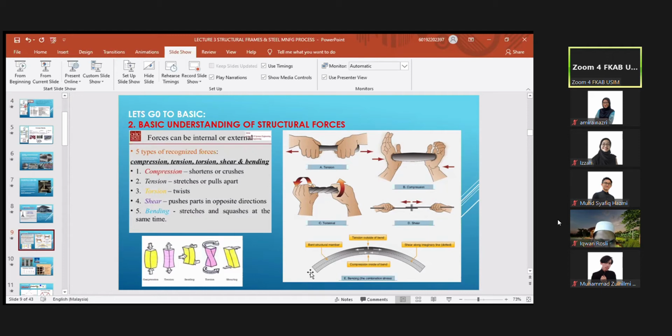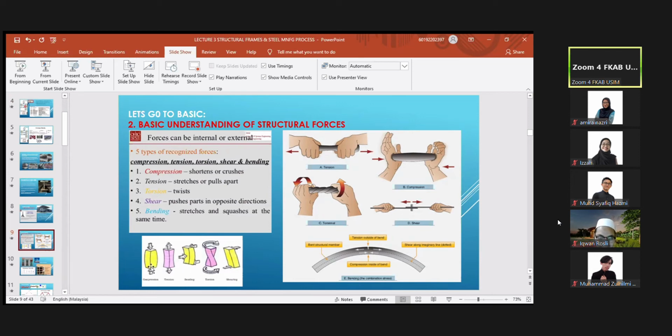Basically, if you have a beam like that, there is tension on the outside, shear along the middle, bending of the structure members, and compression inside here. So looking at the diagram below, we can relate it to a high-rise building, for example.